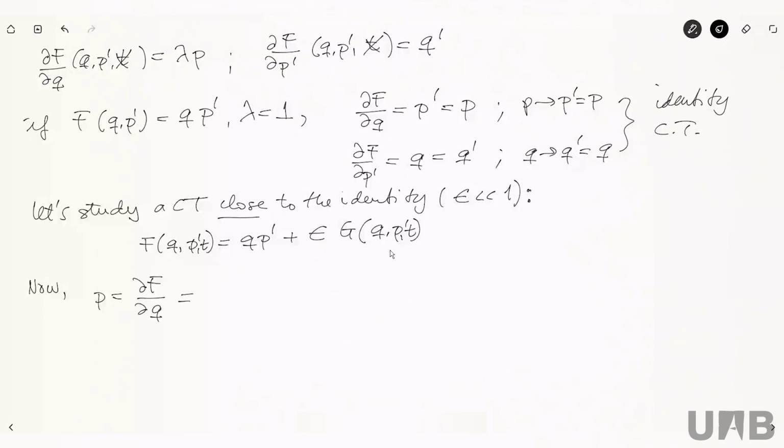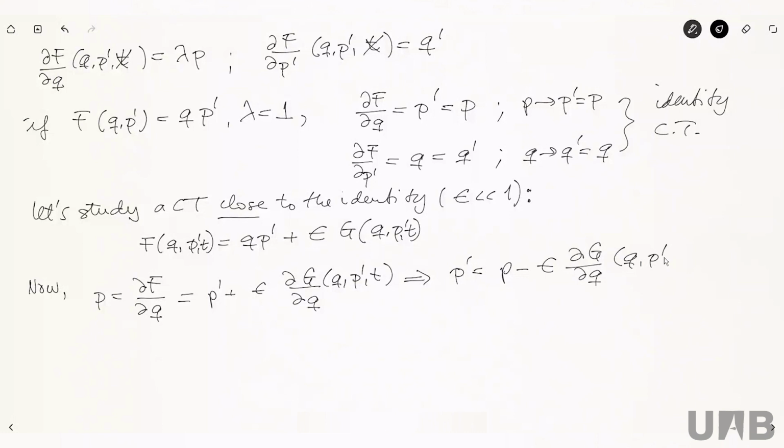And if I take the derivative of the f that I just constructed, this is, of course, p prime plus epsilon partial of g with respect to q, which is in principle a function of q, p prime, and t. So this says that p prime is p minus epsilon partial of g with respect to q of q, p prime, and t.